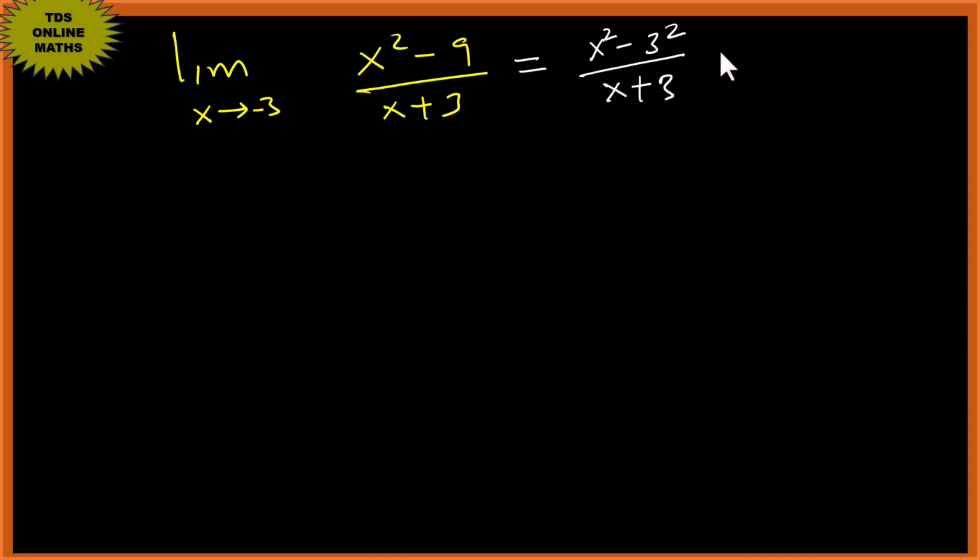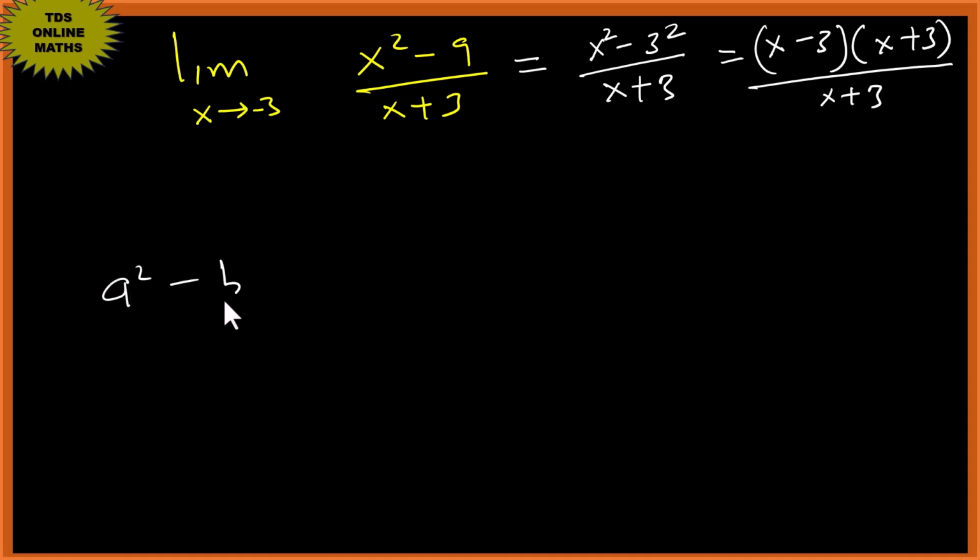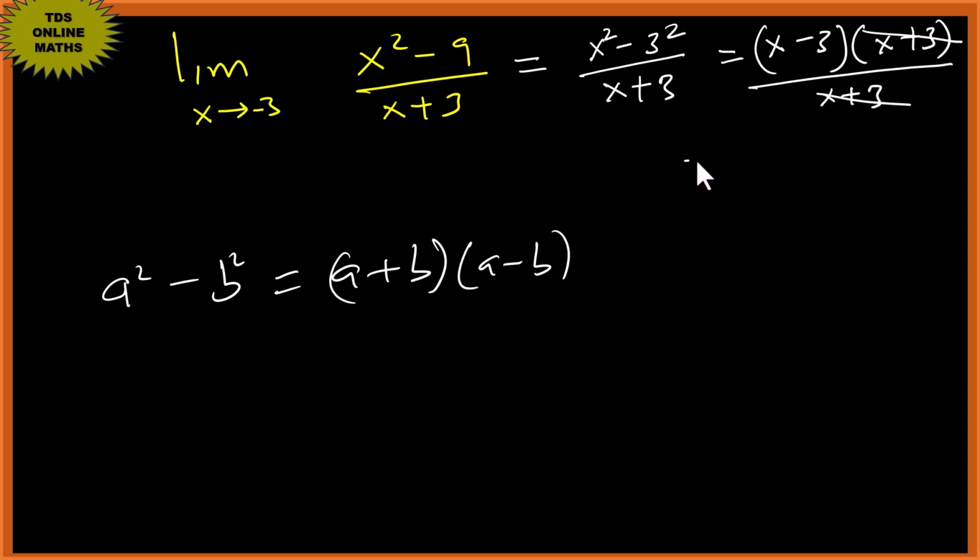So I can say x minus 3 times x plus 3 over x plus 3. Remember, a squared minus b squared is the same as a plus b times a minus b. So this one will straight away cancel this, so I'm left with x minus 3.